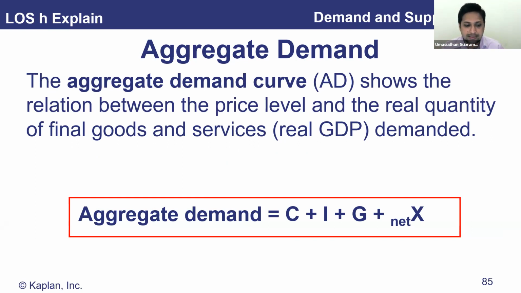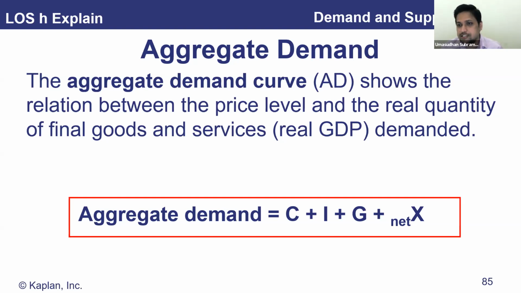Anyone else wants to answer? What do you think about it? When the prices go up, demand comes down, and when the prices come down, demand goes up. So there's a negative relationship, so a downward sloping aggregate demand curve.